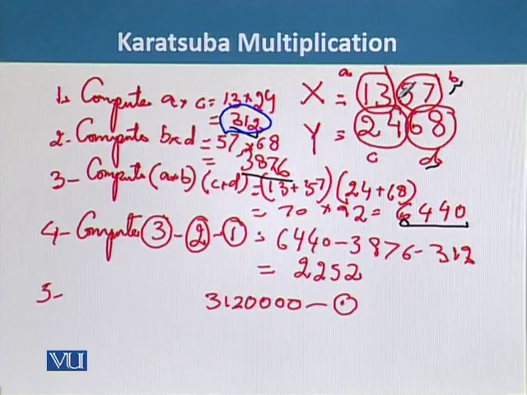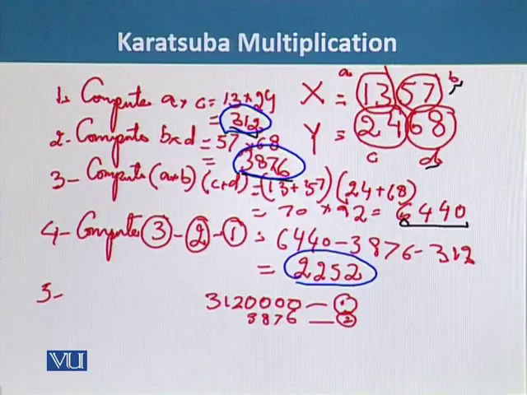Similarly, we will add number 2, that is 3876. And lastly, we will add number 4, that is 2252, and like number 1, we will add not 4 but 2 zeros at the end.